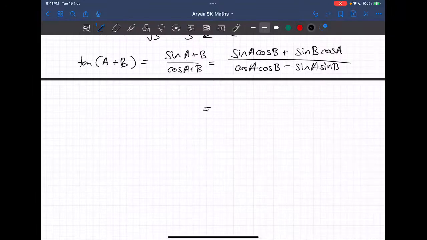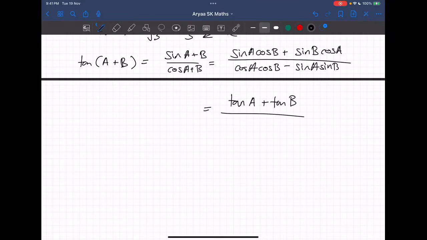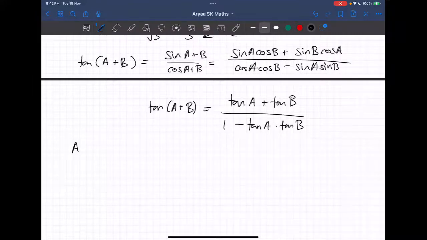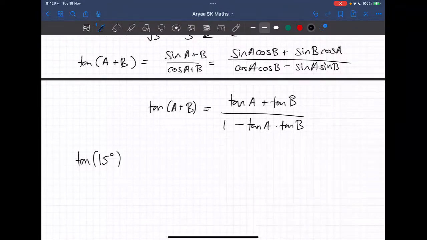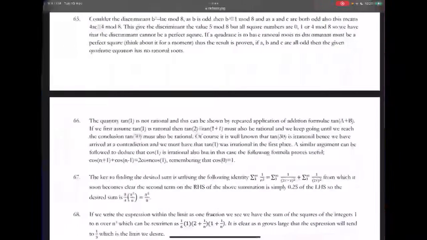So that would make it tan A plus tan B over 1 minus tan A times tan B. So we can figure out what tan of 15 is, and from there we can figure out what tan of 7.5 is, but I don't see that helping.